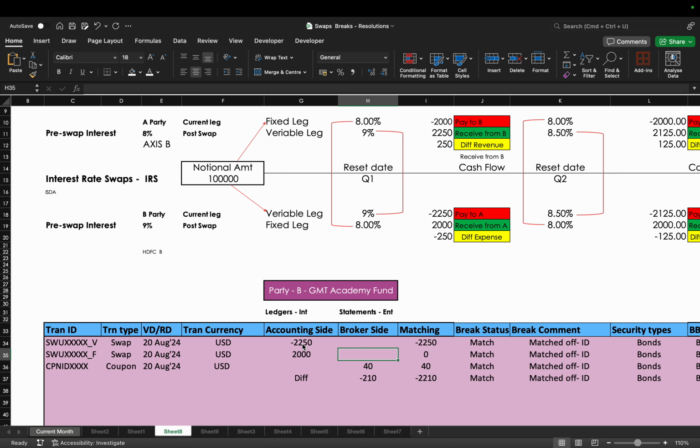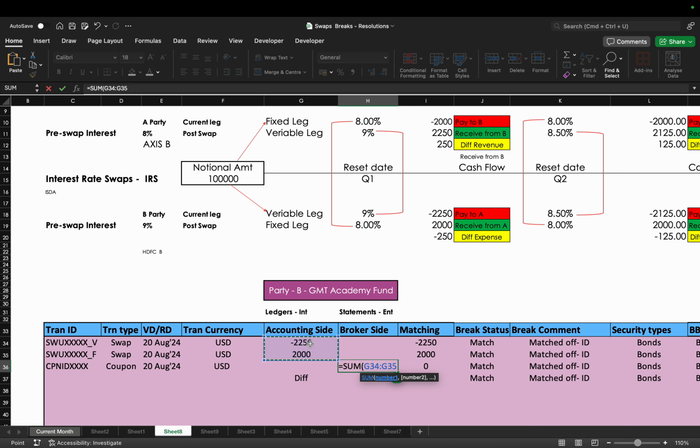The broker will post only the difference, guys. Here you can compute the difference, and see how much it would be. Only $250 that the broker will post.